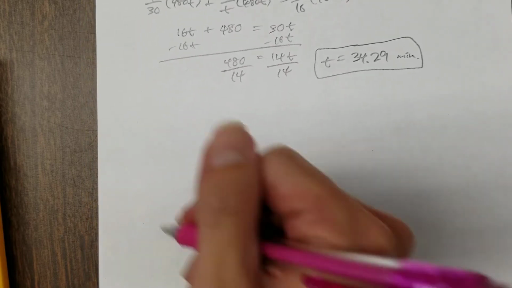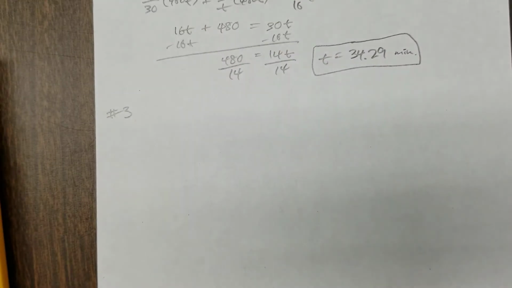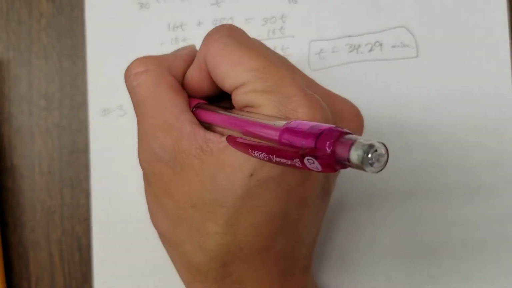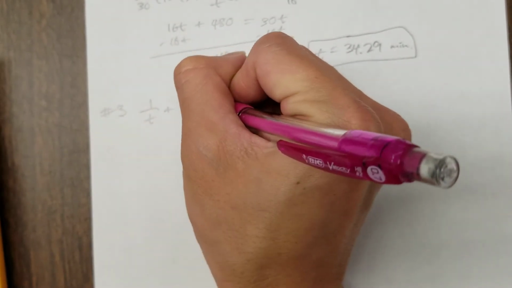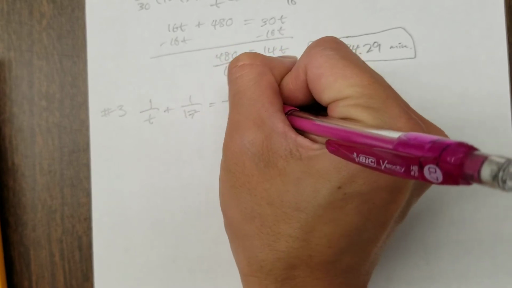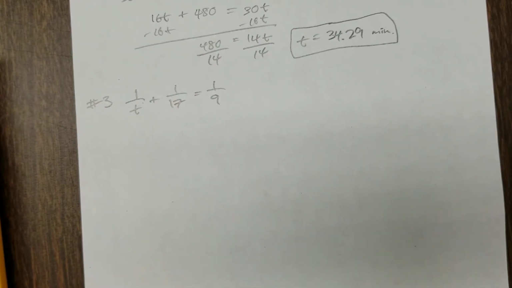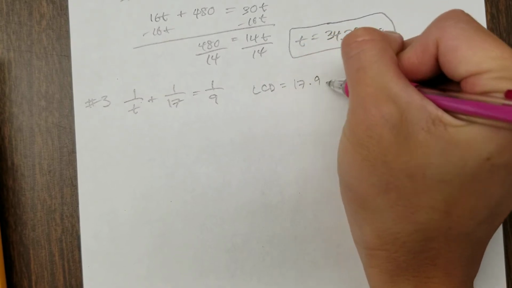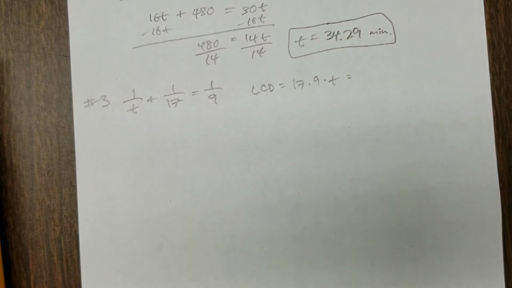Okay. Number 3. It says water flowing through the small and large pipe. So 1 over t plus 1 over 17 equals 1 over 9. I see my least common denominator is 17 times 9 times t.